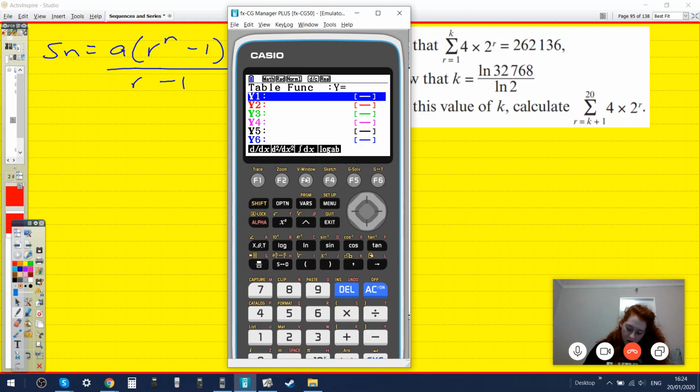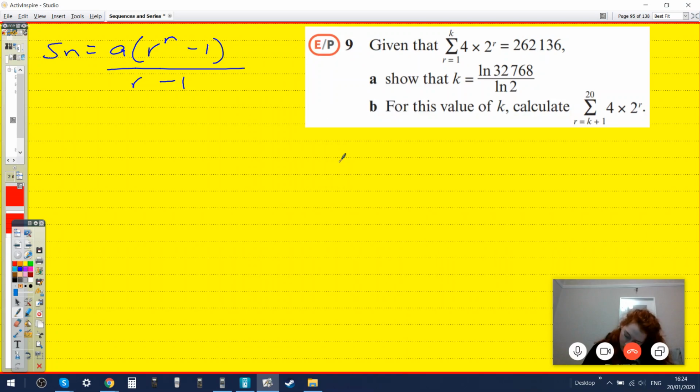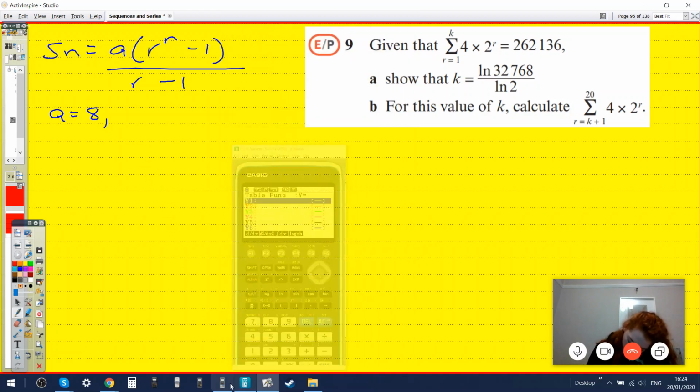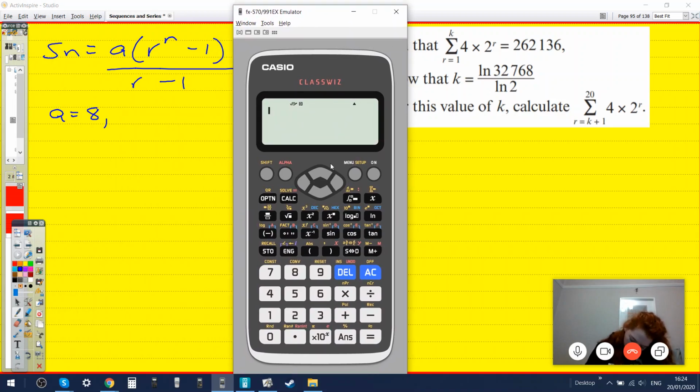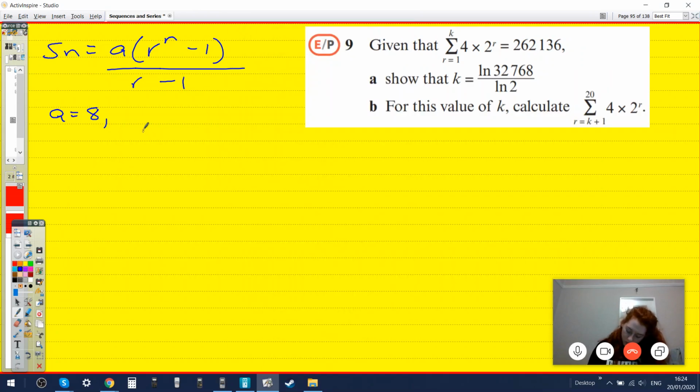So we know a would have to be 8. Would r have to be 2? The common ratio, yep.